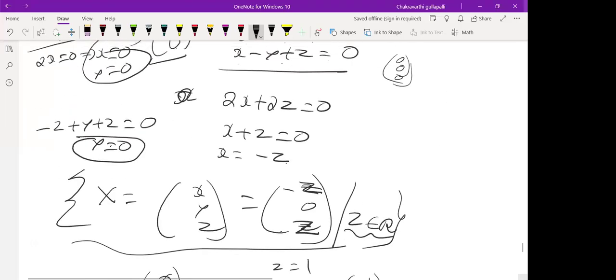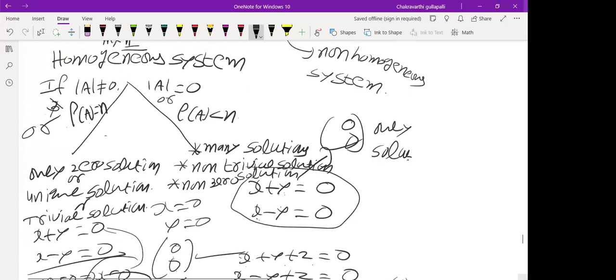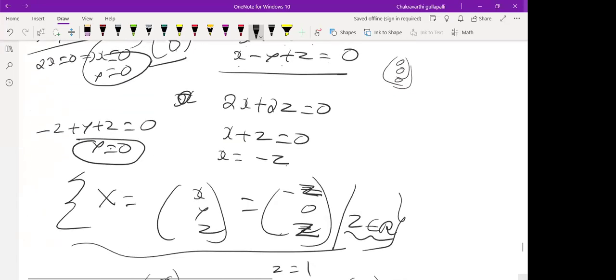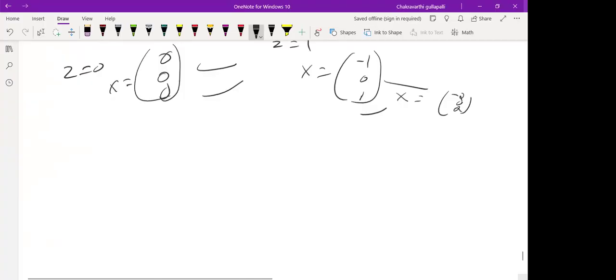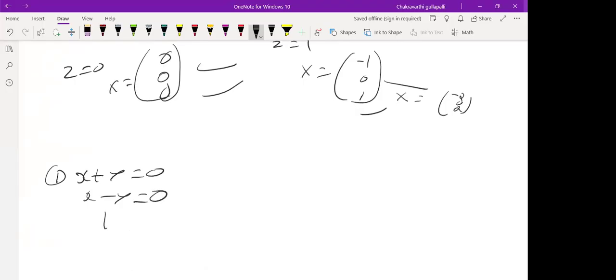For example, as we said here, x plus y plus z equal to 0, x minus y plus z equal to 0. Let us apply. For the question which we have solved, x plus y equal to 0, x minus y equal to 0, we got the 0 solution as the only solution. Now using the concept, you can write the matrix equation form. After solving, we came to know.